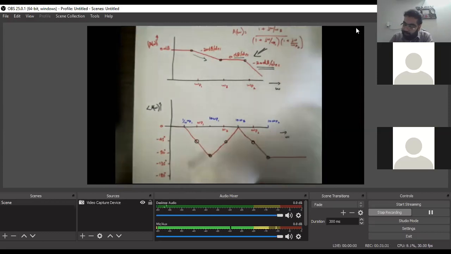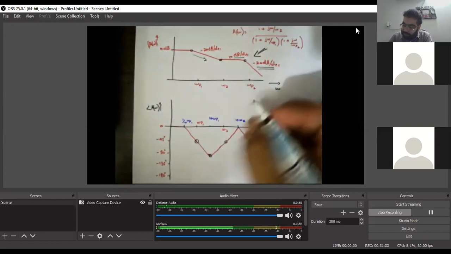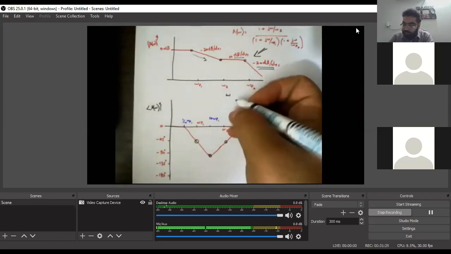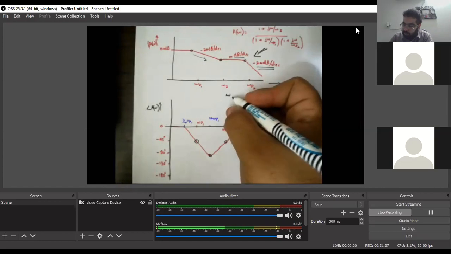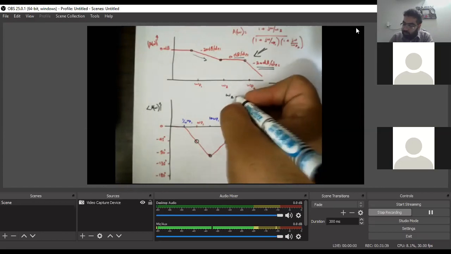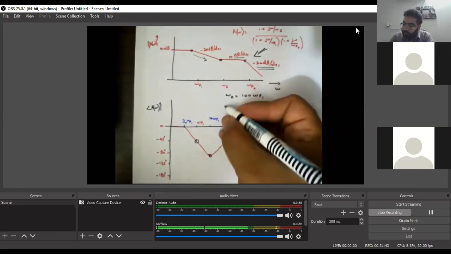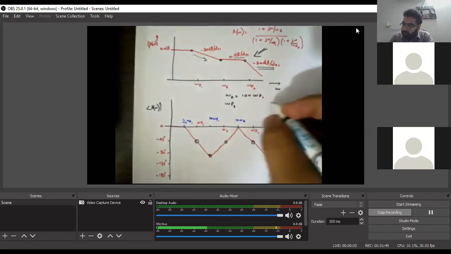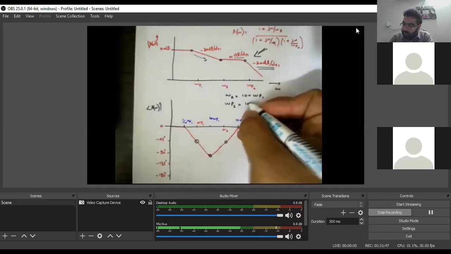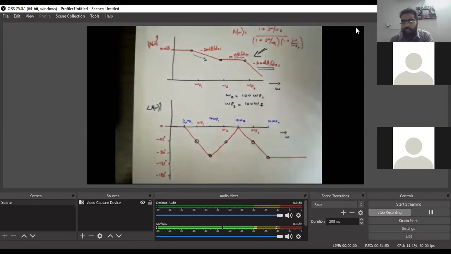And if you remember, I previously wrote this expression that, just for our simplification, omega z is equal to 100 times omega p1, and omega p2 is equal to 100 times omega z. This is just for our simplification, so we can also have a nicer look in the journal.